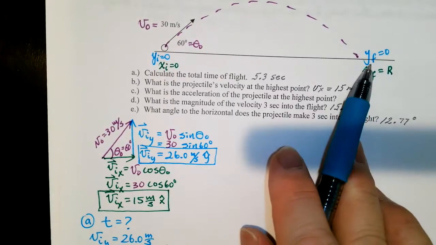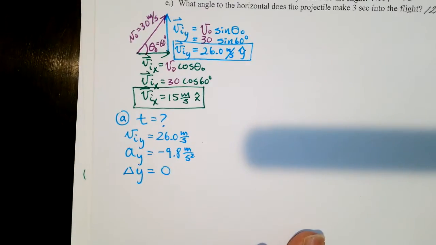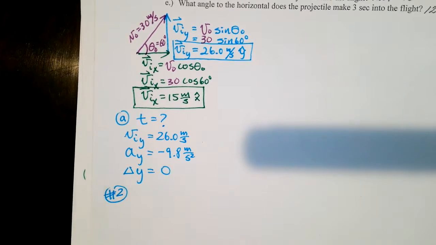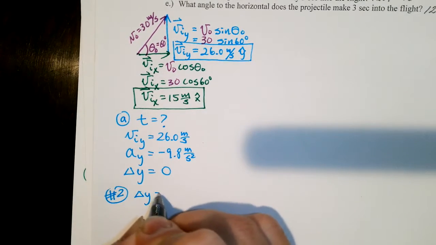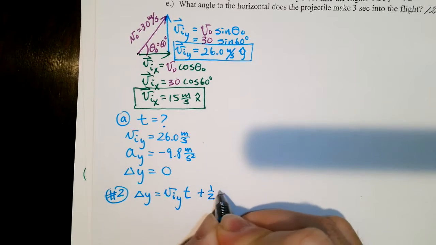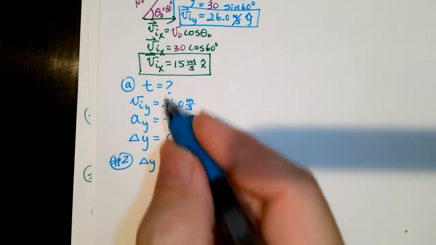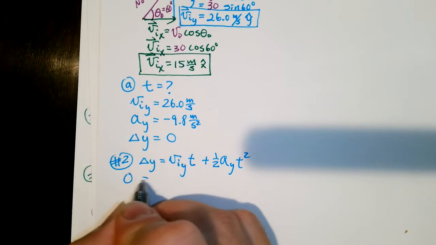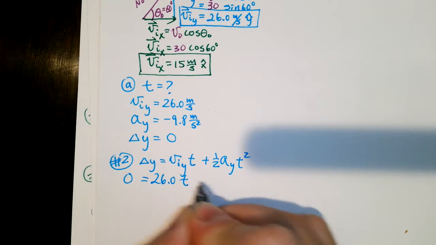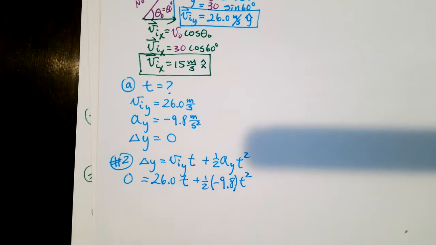So delta y is y final minus y initial, so 0 minus 0 is 0. If we use equation number 2 for the y direction, my delta y is equal to VIY t plus 1/2 a sub y t squared. So we plug in the values. 0 is equal to 26t plus 1/2 times negative 9.8 times t squared.